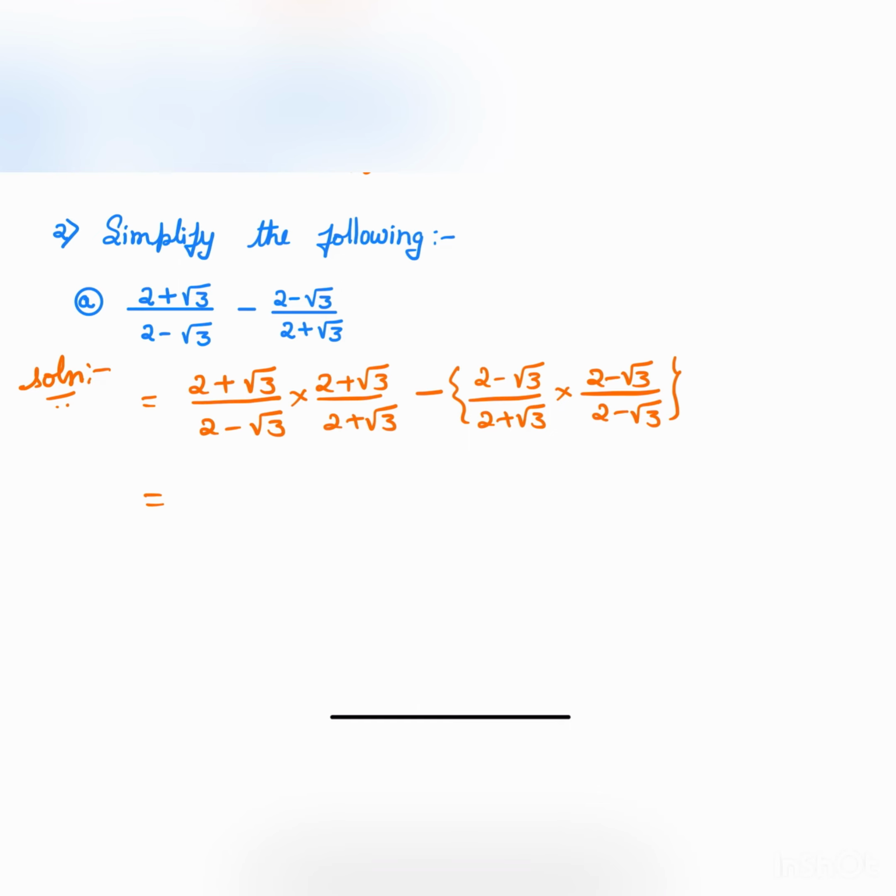Okay. In the numerator, we have 2 plus root 3 whole square. And in the denominator, we have a plus b into a minus b formula. So it is 2 square minus root 3 whole square. Then minus. In the numerator, we have 2 minus root 3 whole square. And down we have 2 square minus root 3 whole square.